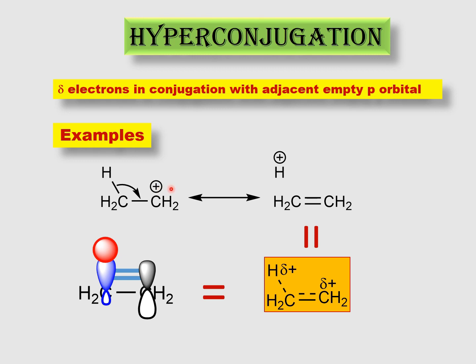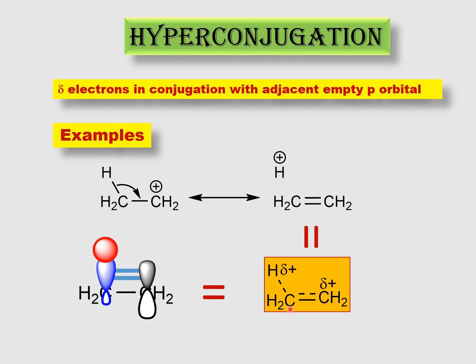And in this case, hyperconjugation is helping this carbon get rid of the positive charge to some extent. And you can see that this +1 charge is now shared between this hydrogen and this carbon atom. So this carbon now is left with a delta positive charge, and some of this positive charge is shared by this hydrogen because of hyperconjugation.